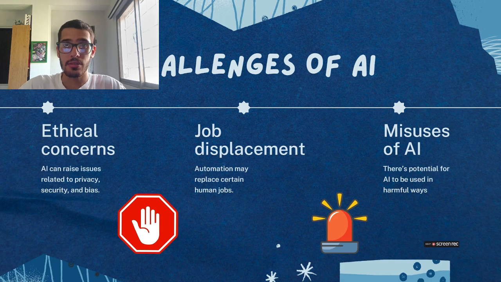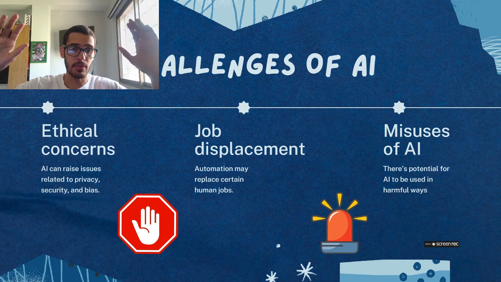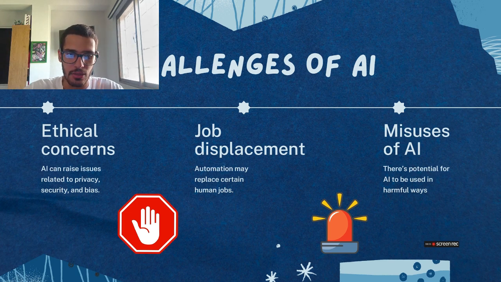There are a lot of challenges of AI that some have been overcome, some are yet to be overcome. The field is very ambiguous right now, and there are ethical concerns, because AI can raise issues in people and has raised a lot of hype, but also a lot of concern related to privacy, security, and bias.